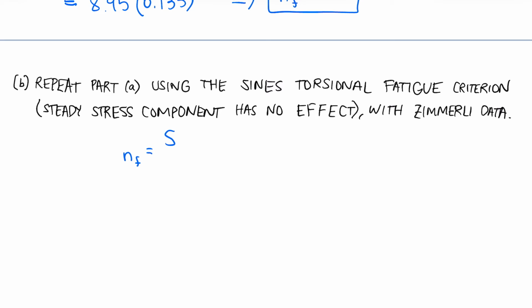It's pretty straightforward. We're just looking for the ratio of the alternating stress component from our Zimmerli data over the alternating stress, because we are ignoring the mean stress or steady stress component.